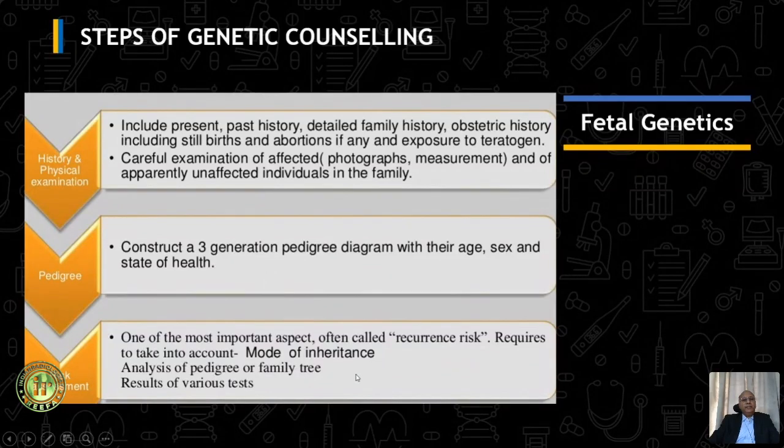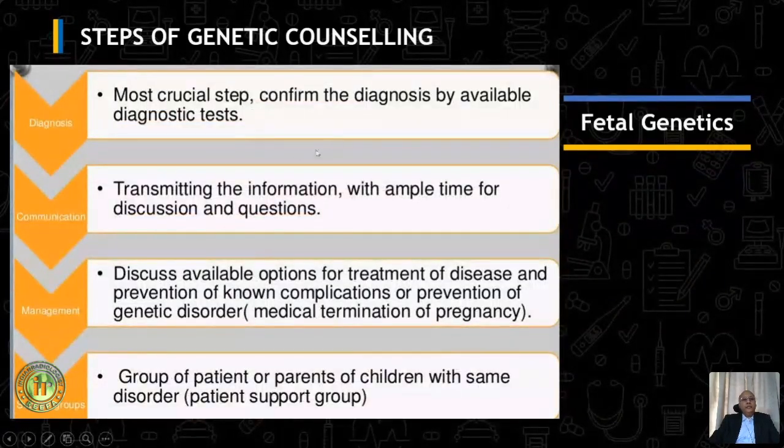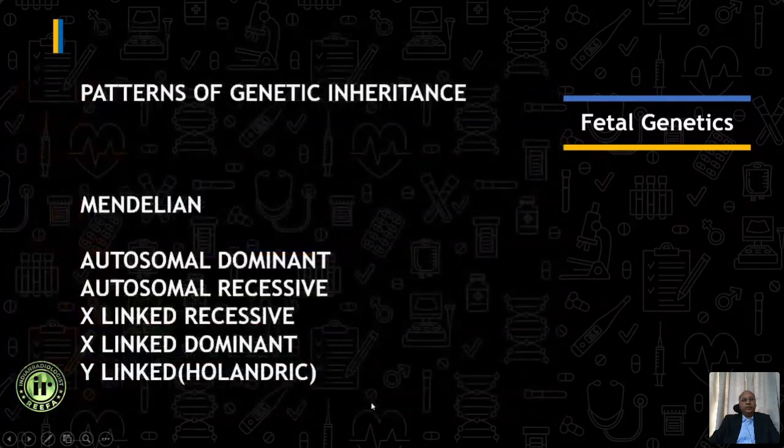Risk assessment is very important, and when we have to do risk assessment for disorders, we need to understand the mode of inheritance. Diagnosis becomes the crucial step in genetic counseling. Communication needs ample time for discussions. Management options, including medical termination of pregnancies, can be discussed, and we have to connect them to support groups.